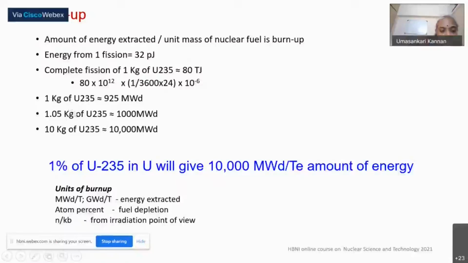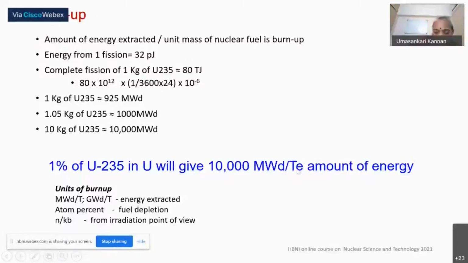Or in other words, 1.05 kg of uranium-235 gives you 1000 megawatt day. I've just linearly multiplied this. Or if you say 10 kg of uranium-235 will give you 10,000 megawatt day. So 10 kg can be considered as 1% in a ton of fuel. So I can say that 1% of uranium-235 in uranium will give me 10,000 megawatt day per ton of energy.